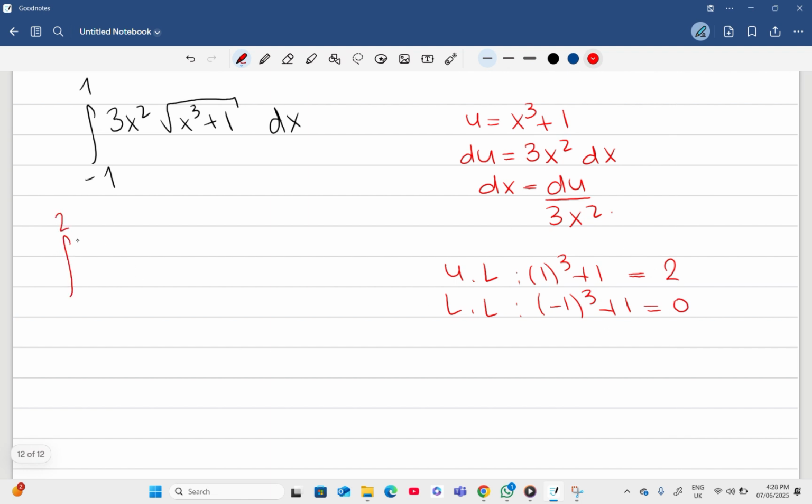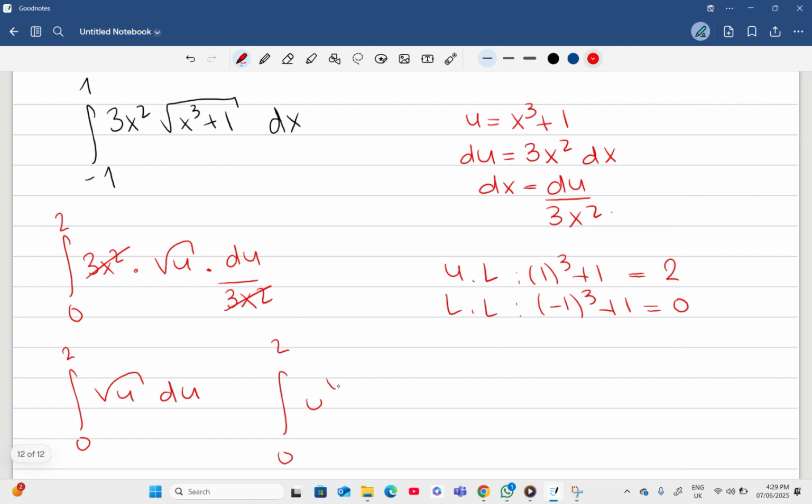So I'm going to have 2, 0, 3x squared multiplied by radical u, and then my dx, which is du over 3x squared. 3x squared is going to cancel with 3x squared, so I'm going to be left with the integration from 2 to 0, radical u du, which is the same thing as saying u to the power of half du.